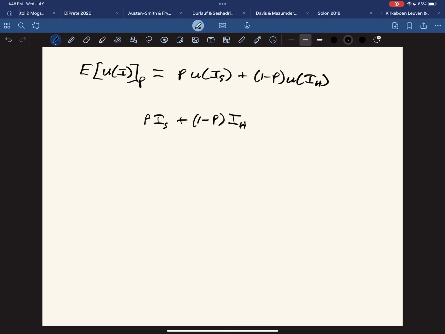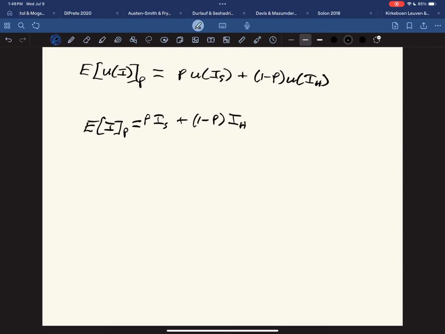Would I take that deal if I have this guaranteed income, which notably is the expected value of I, so E of I?